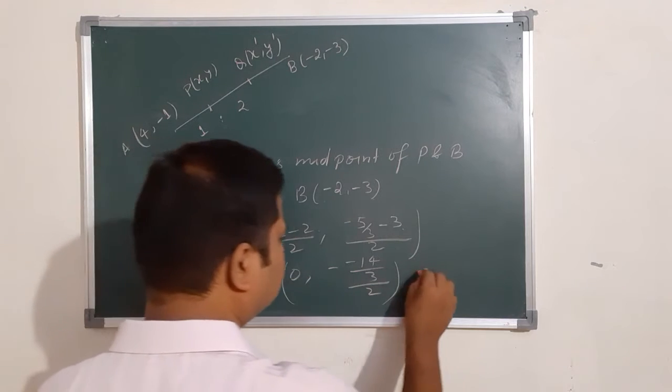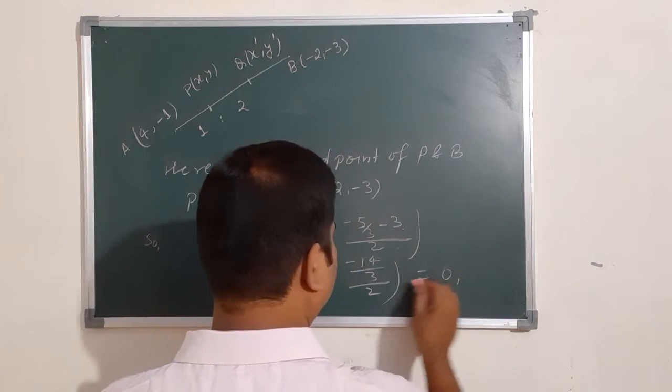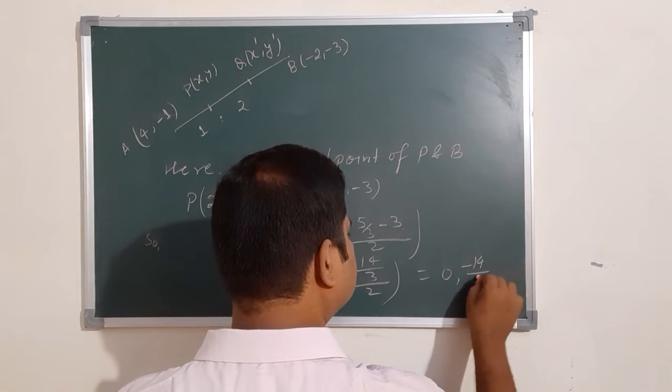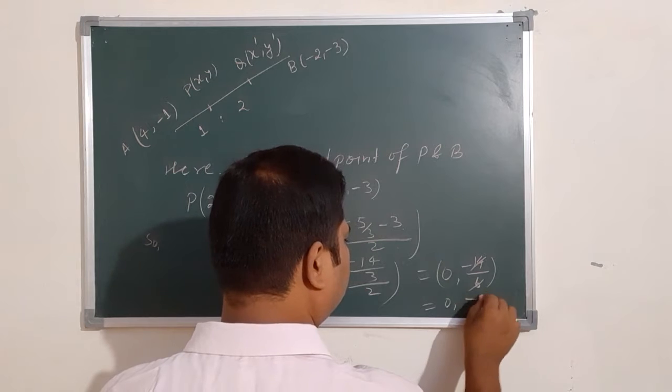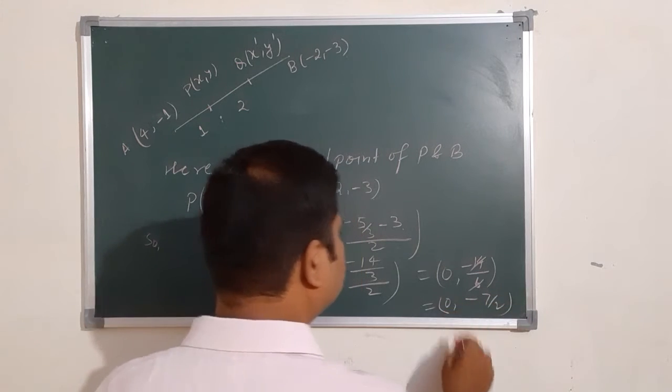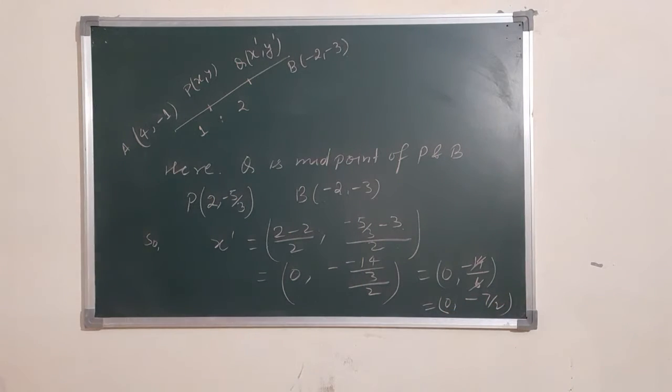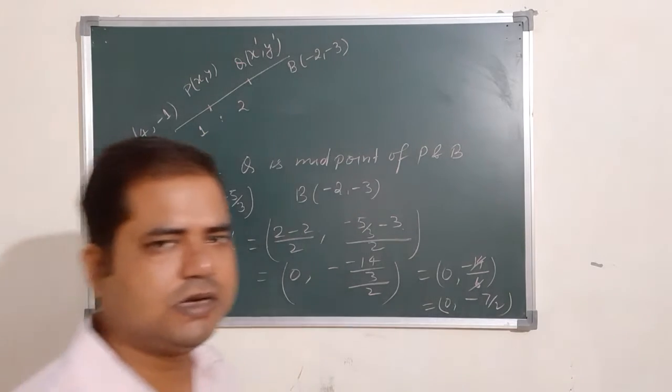So this becomes 0 comma minus 14 by 6, this is 0 comma minus 7 by 2. So this is the answer and this is the point of trisection.